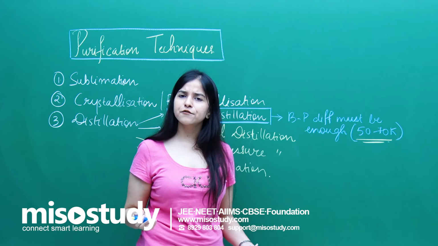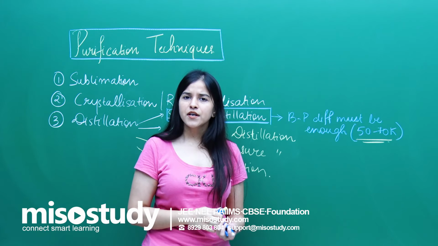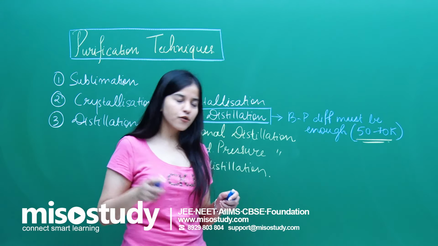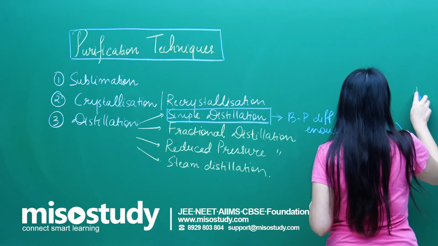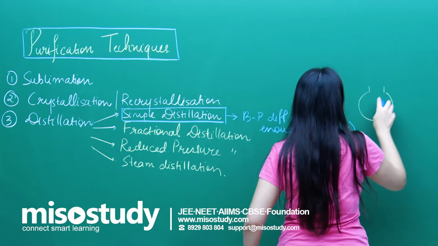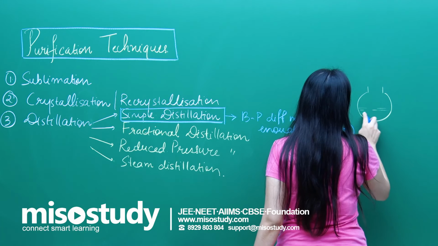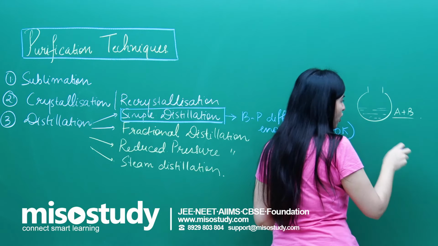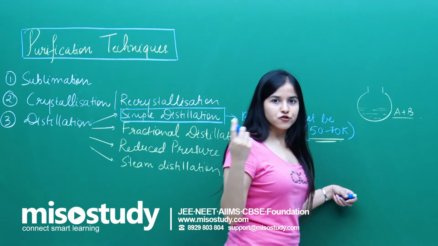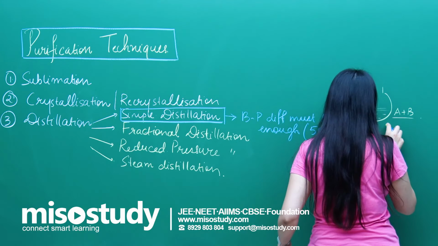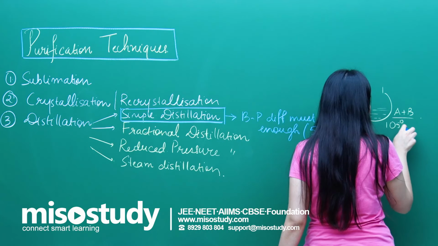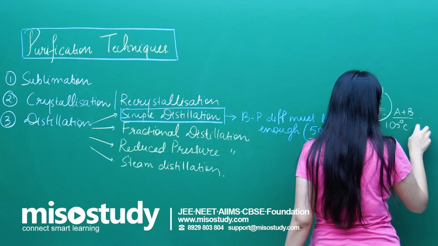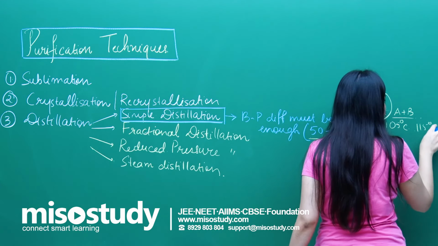Why must there be a difference in the boiling points? Because if the boiling points are nearby or closer to each other, and we have got a round bottom flask here, and we take up a mixture, let's say of compounds A and B. One has a boiling point of 105 degrees Celsius, and the other has, let's say, 115 degrees Celsius.